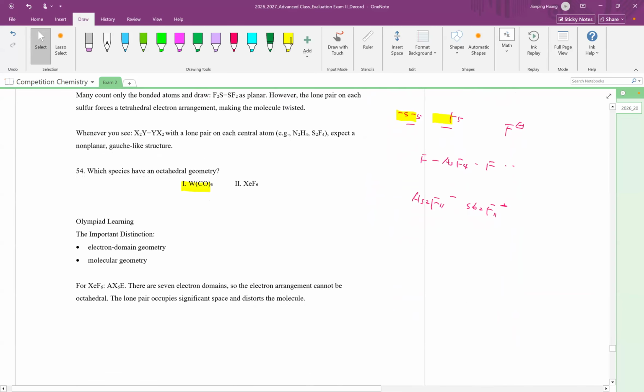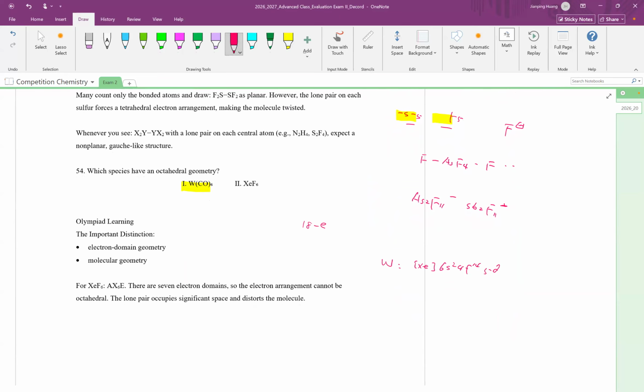Now this is easy. This one reminded me of what? 18 electron rule. We will have one class related to the 18 electron rule. W is what? Xenon 6s2, 4f14, 5d4.